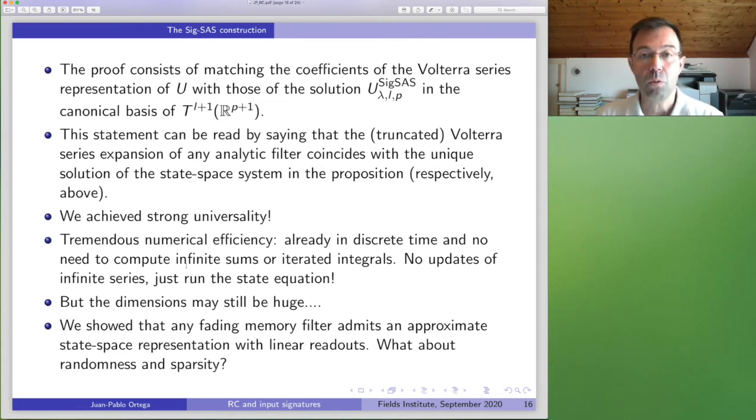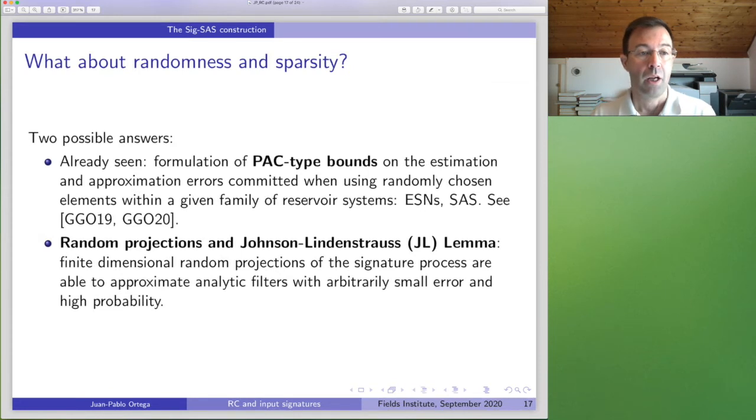And then we set out to prove that we can do reservoir computing with randomly generated ones. All I gave you is something that is strongly universal, but there is no randomness here. I didn't choose anything randomly, and as I said, the dimension could be huge. If we want a representation, we need to go infinite dimensional, as you will see in Joseph's talk. How do we go about that? As I told you in the introduction to the talk, there are two ways to go about it.